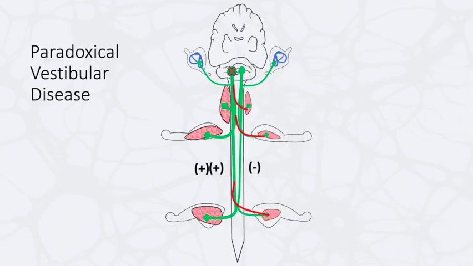Additionally, there's going to be decreased tone to the opposite side of the body because there's that inhibitory signal going to the anti-gravity muscles on the other side. So here we have a left-sided cerebellar lesion that's going to cause a head tilt to the right, and a patient that's falling to the right as well.